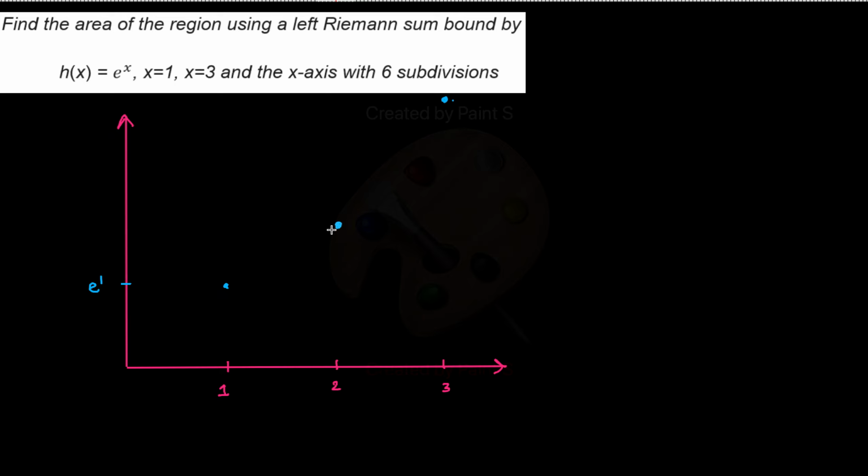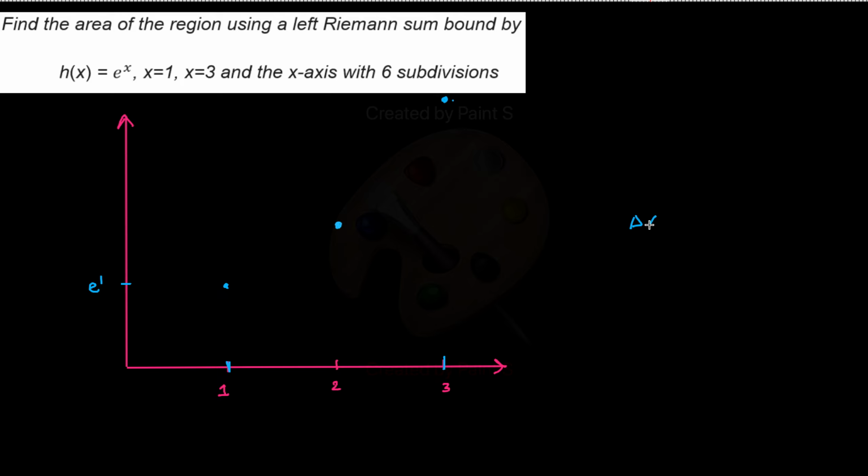And what do I want to do now? I want to find the area of the region using a left Riemann sum bound by 1 to 3 with 6 subdivisions. So the first thing we should do is divide this region up into 6 equal pieces. Each piece is going to be what? The length from 1 to 3 is 2, right?